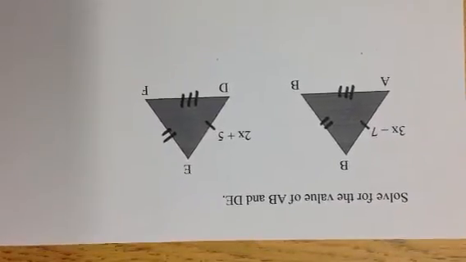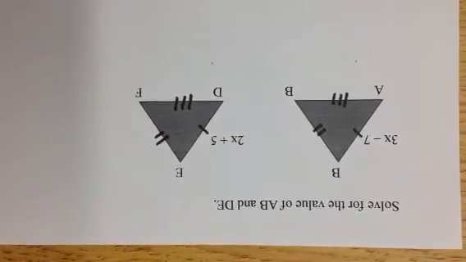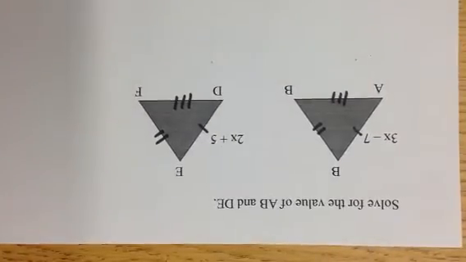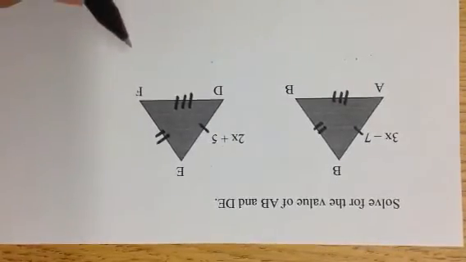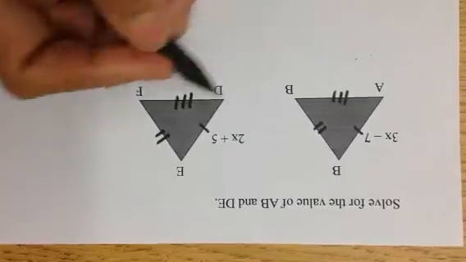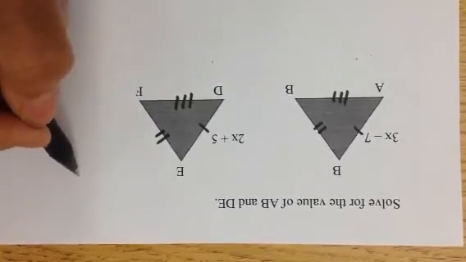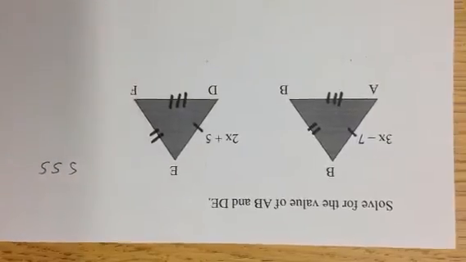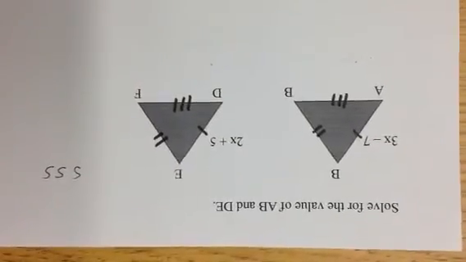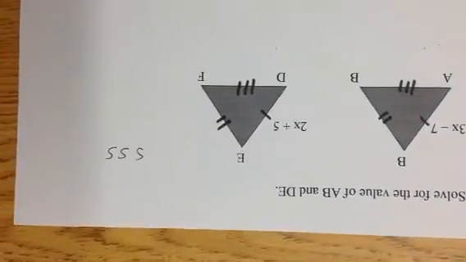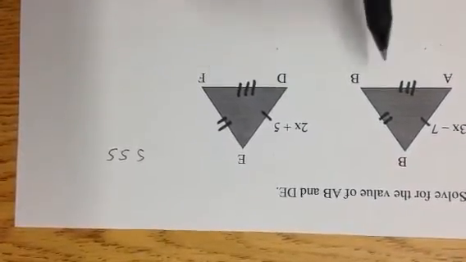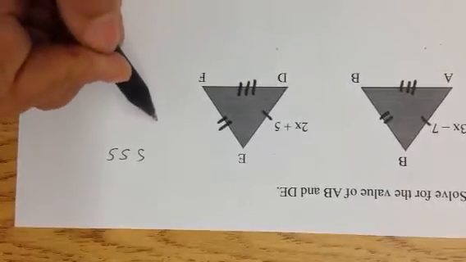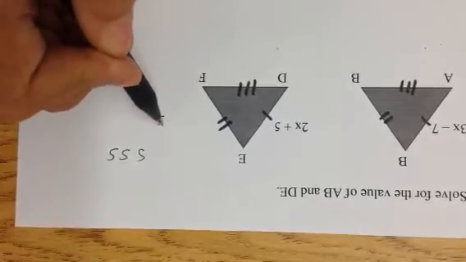But before we can start, we're going to have to make sure our triangles are congruent. And notice the tick marks indicate that the corresponding sides are the same. So therefore, I know that my triangles are congruent because of side, side, side. Now, as I stated before, we're going to have to solve for x first before we can solve for the value of one of the sides. So my first step is to find x.